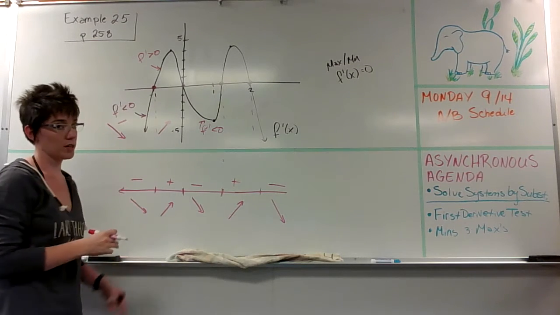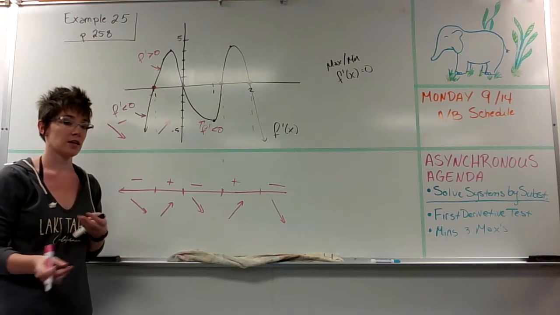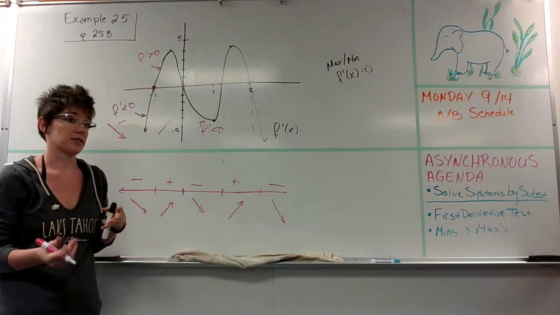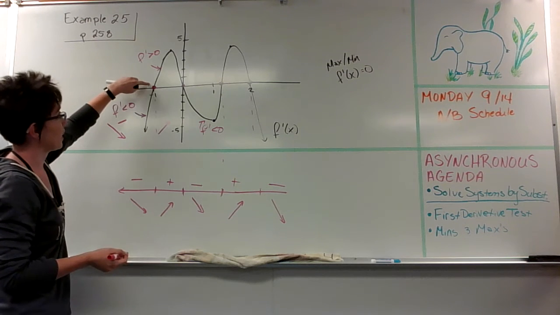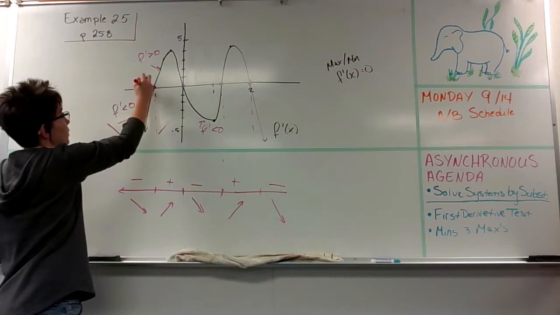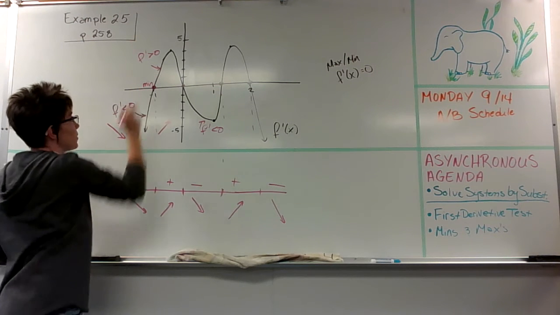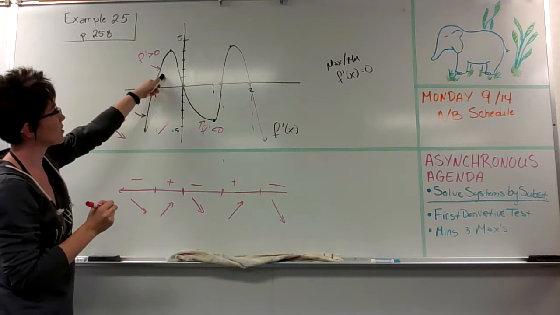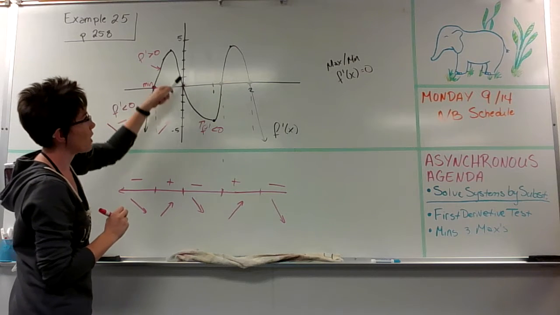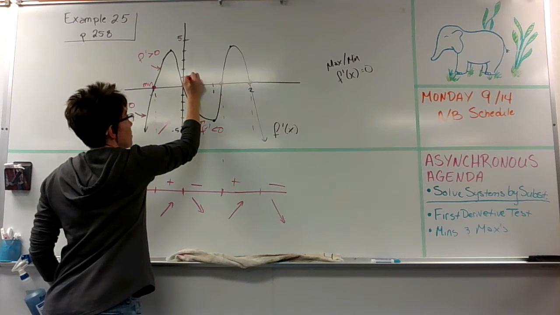Okay, so if I wanted to start labeling these turning points, if they're maxes or mins, then I would label this one a minimum because it goes from negative slope to positive slope. This one goes from positive to negative, so this would be a max.